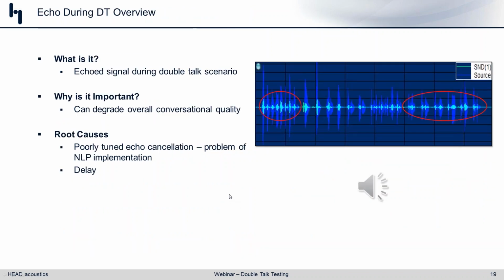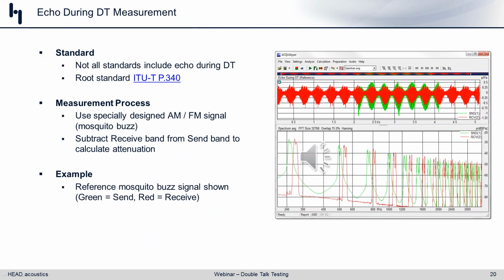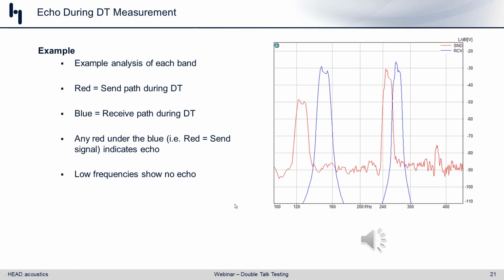Now, let's look at the echo that occurs during double talk. And again, in the frequency domain, we use exactly the same stimulus files as before, but now we take advantage of the offset frequencies. So in this case, the blue curve here is what is sent to the device under test during double talk.